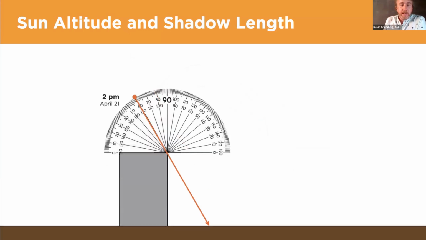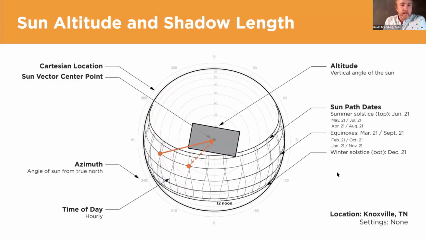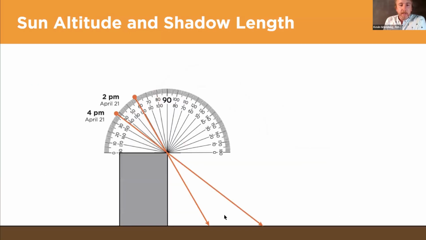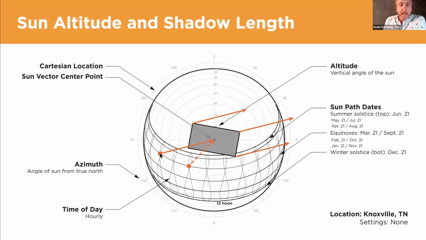But likewise, if we consider different times of day, then at 4 p.m. our shadow is going to be cast longer because the altitude is going to be different. Now it's down at 40 degrees. So this is all critically important.